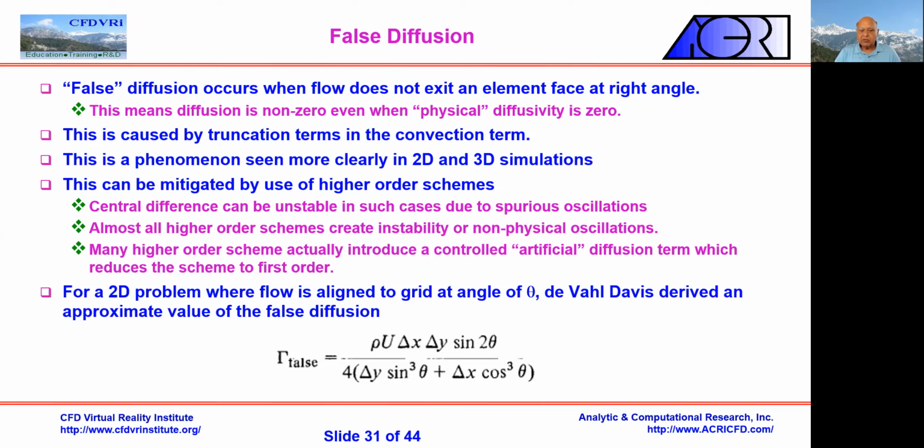So for a 2D problem where flow is aligned to the grid at an angle of theta, De Vahl Davis and Mallinson derived equations that show that it's proportional to the velocity of the flow and the angle to the grid lines. So false diffusion increases as the velocity increases, and it increases as sine theta increases.